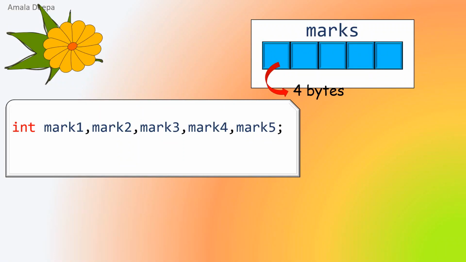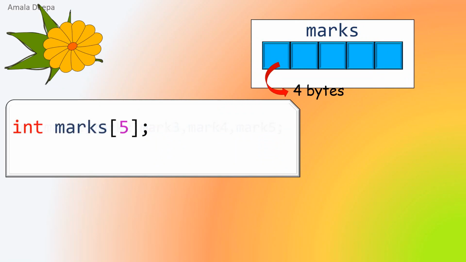Now, instead of having 5 variables, mark1, mark2, mark3, mark4, mark5, I will declare one variable called marks as follows: int marks, and within square brackets 5, semicolon.